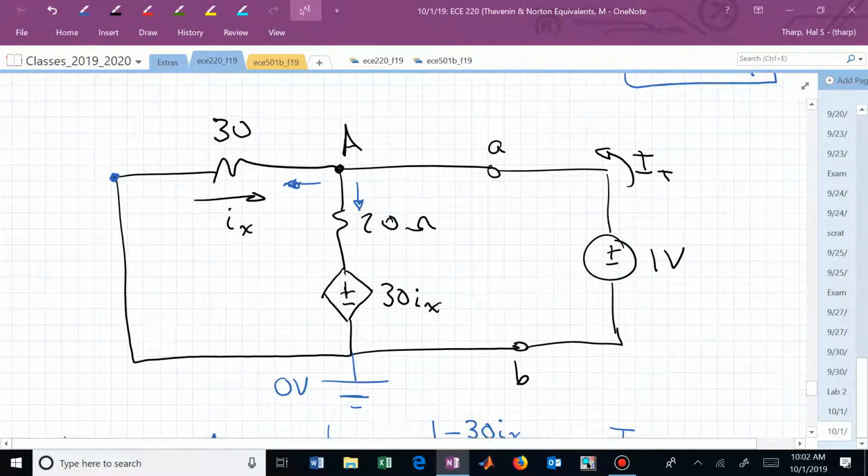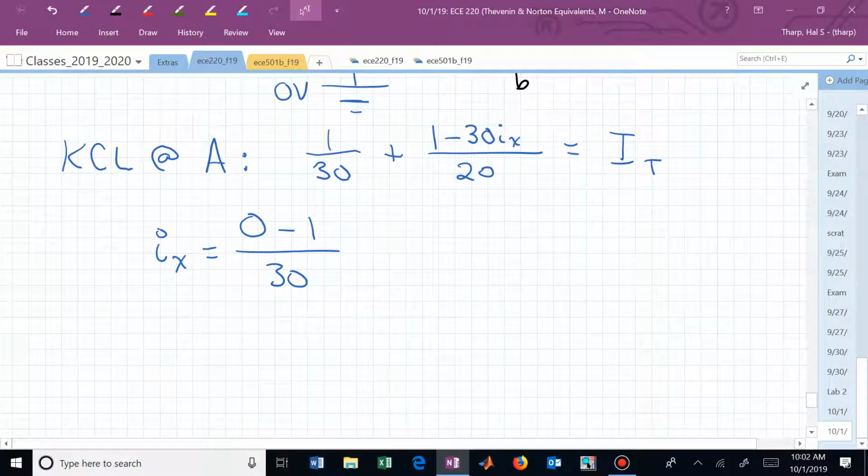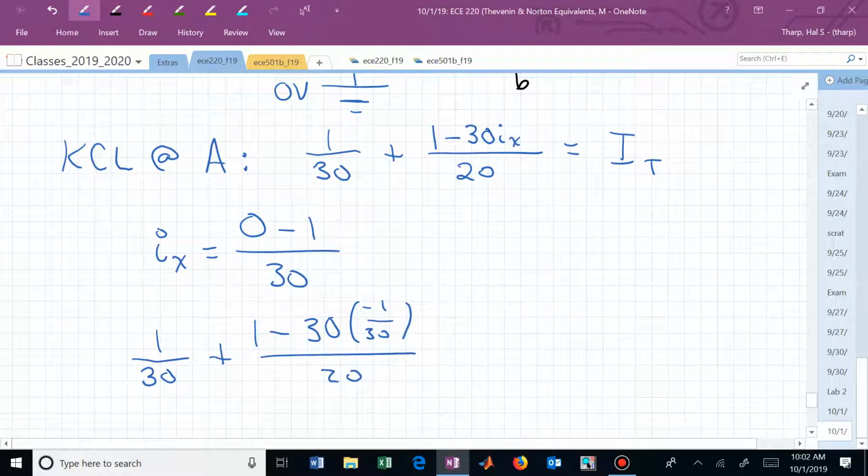I now have an expression for I sub x. I can plug that in to my original KCL equation. I have 1 over 30 plus 1 minus 30 times minus 1 over 30 over 20 is equal to I sub t.